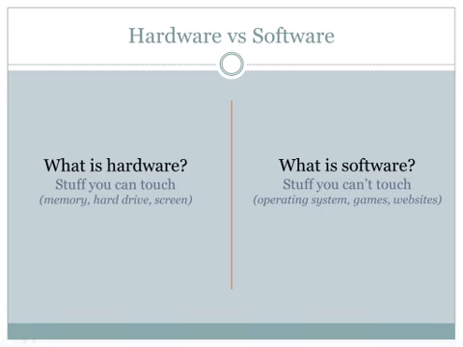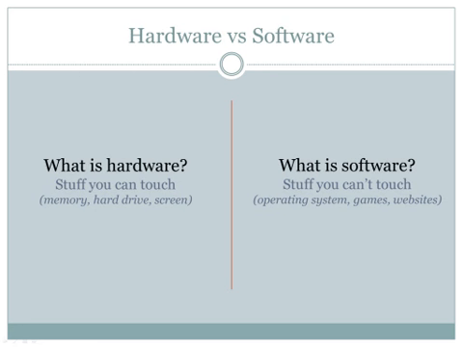At this point, we've mentioned several different types of pieces of a computer. But let's talk about the difference between hardware and software, both very important different parts of the computer. So what's hardware? Well, that's basically the stuff that you can touch.